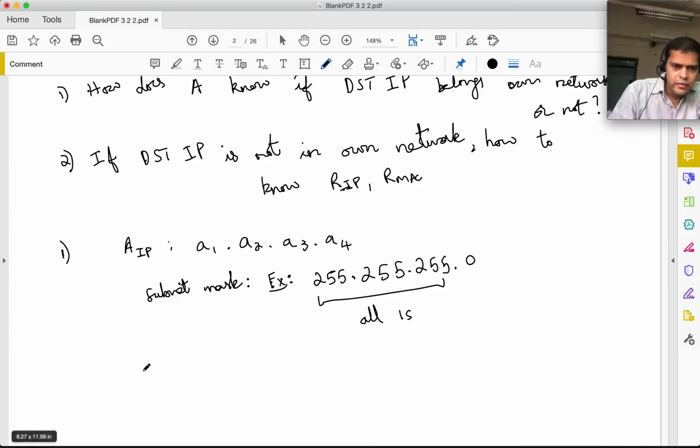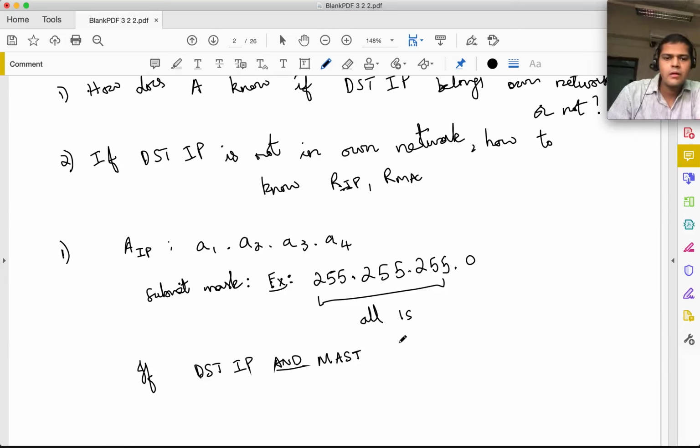Well, if the destination IP, and you just take an AND with the mask, is equal to my own address, so this is sort of like the network address.